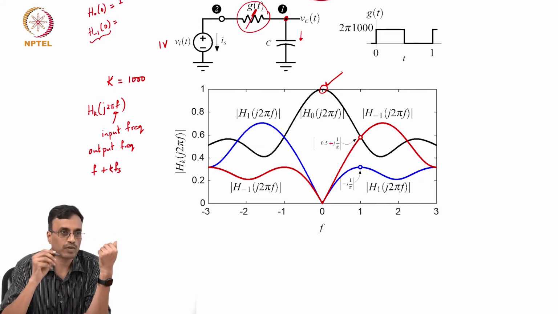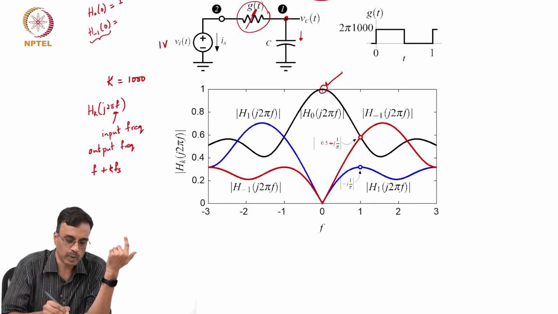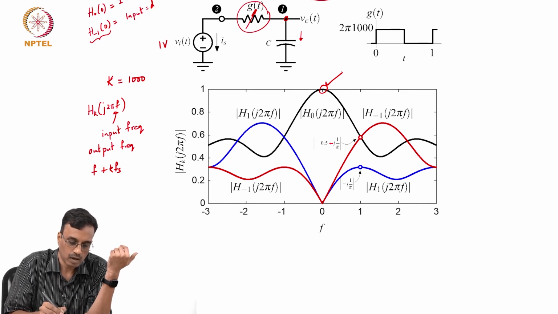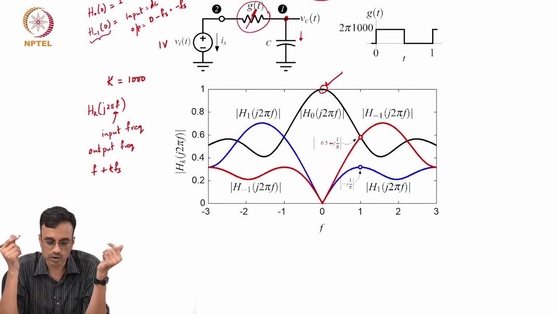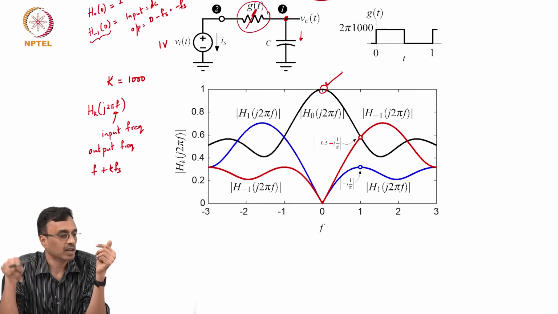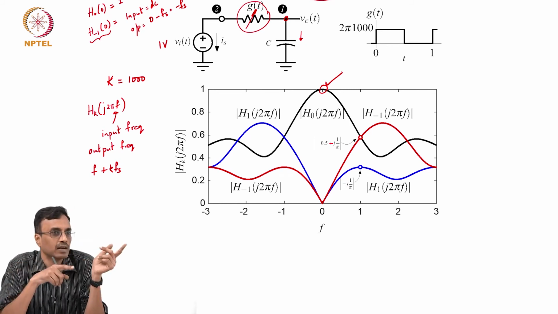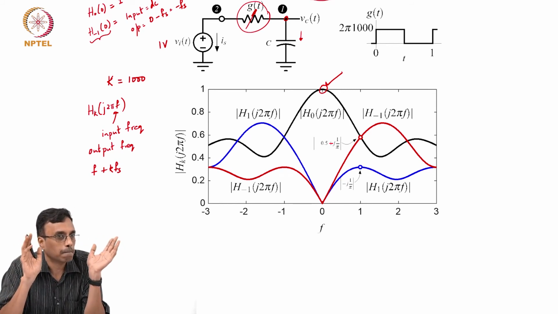So H minus 1 of 0 basically means that the input frequency is DC, the output frequency is 0 minus fs, which is minus fs. In this case fs is 1 hertz, so basically you are looking for the component of the output at minus 1 hertz.